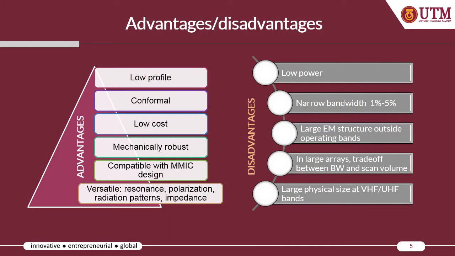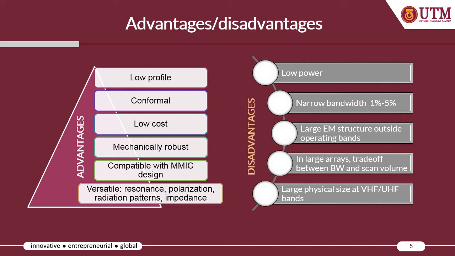Okay, these are the advantages and disadvantages of microstrip patch antennas. The advantages are low profile, conformal to the surface, so it can easily be mounted on bent or curved surfaces, low cost, mechanically robust, compatible with monolithic microwave integrated circuit design, and versatile in terms of resonant frequency, polarization, radiation patterns, and impedance.